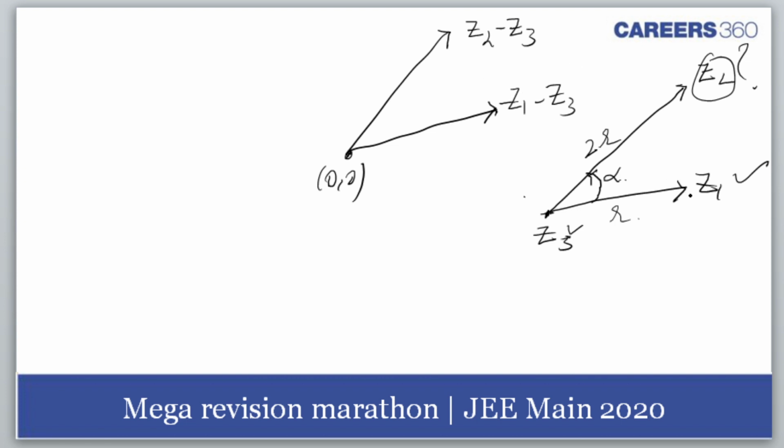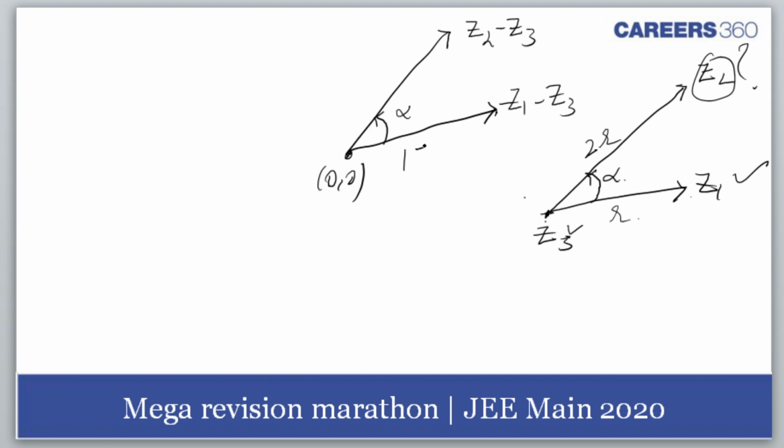The position vector of head minus the position vector of tail is the position vector of head minus tail. So you can write now head as Z1 minus Z3 and the tail is the origin. And this angle remains the same, that is alpha.